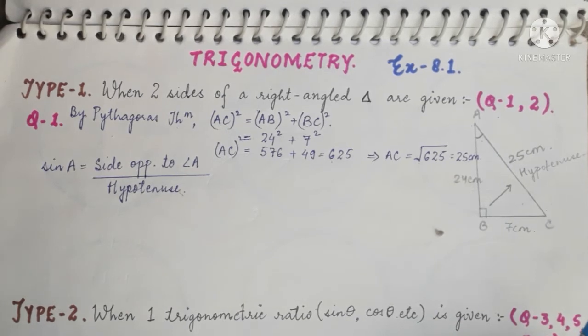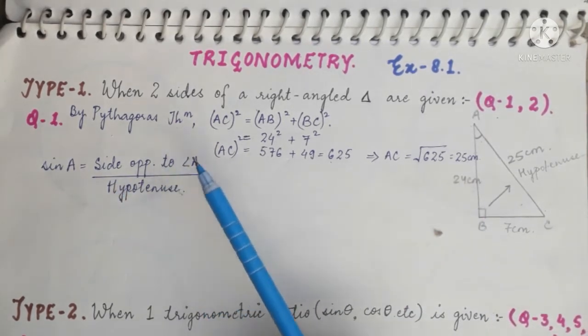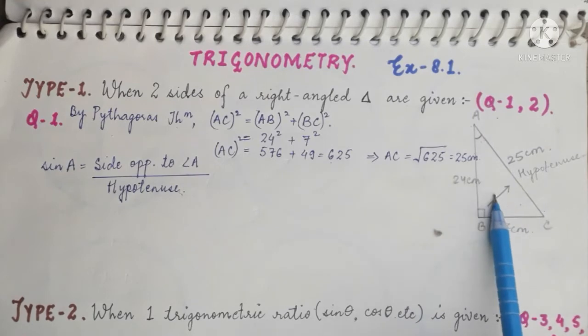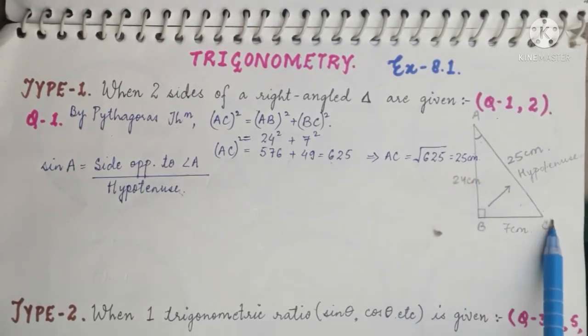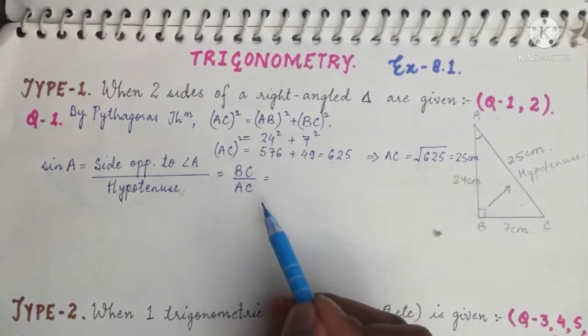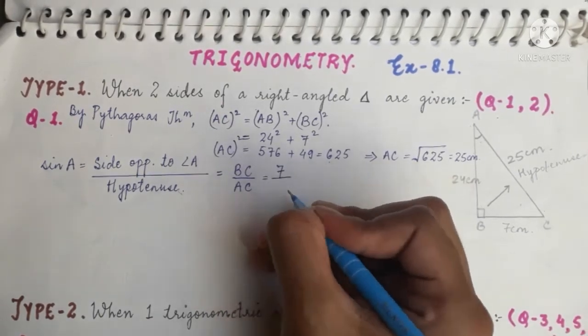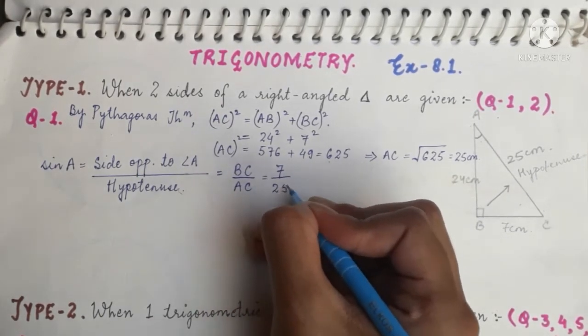So now we have found the length of the hypotenuse of this triangle. Now we can easily calculate the values of sin A, cos A, sin C and cos C. So first is sin A. Sin A is equal to side opposite to angle A, that is BC, upon hypotenuse, which is AC. So BC upon AC, which is 7 cm upon 25 cm.